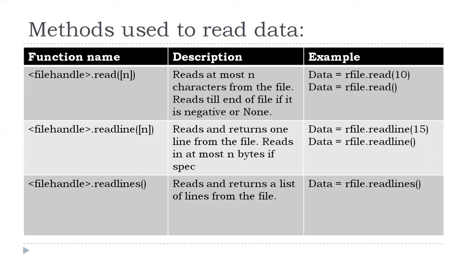For example, here rfile, I am denoting this as the file handler. rfile.read, I am trying to read 10 bytes, so the data is getting stored in the variable called data. If I want to read the entire content, rfile.read, and the whole content is going to get stored in the variable called data itself.